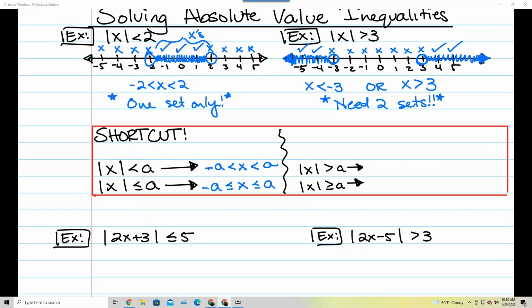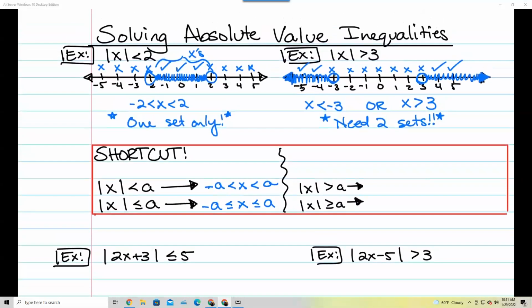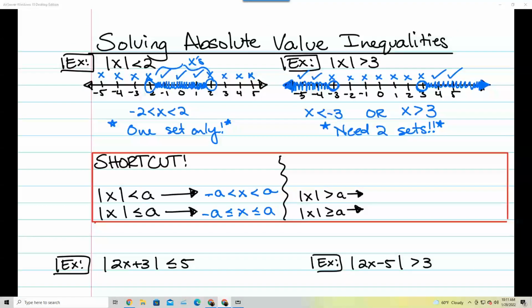The other case is when the absolute value of x is greater than or equal to. What are we going to do? Actually, before we do that, let's reference the shortcut over here, the one that we were talking about. You see how this is a less than?